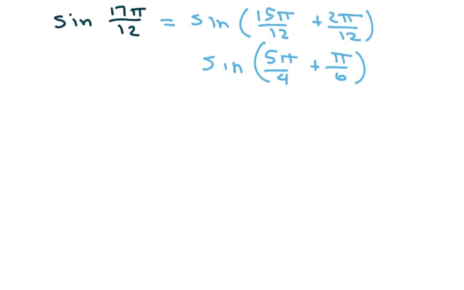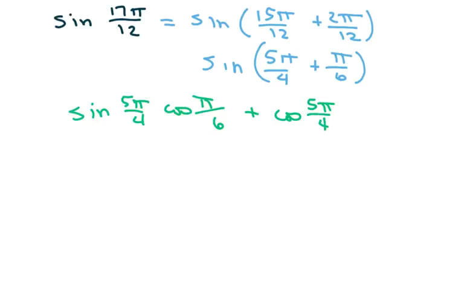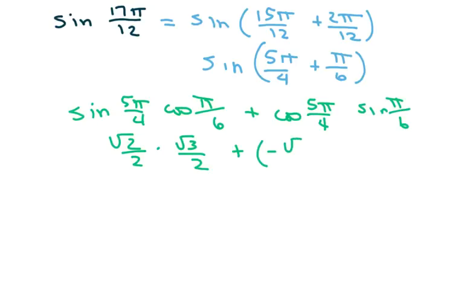So you're going to get sine of 5 pi over 4, cosine of pi over 6, plus cosine of 5 pi over 4 times sine of pi over 6. And that's going to give you square root of 2 over 2 times square root of 3 over 2 plus negative square root of 2 over 2 times 1/2.